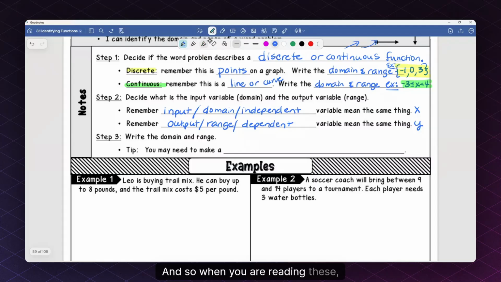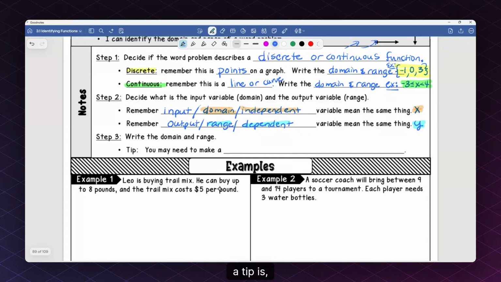And so when you are reading these, you've got to decide which way it's going to be. Are we talking about your domain being the independent variable that goes on the X? Or is it going to be range, dependent, on the Y? All right, so let's write down this next part.